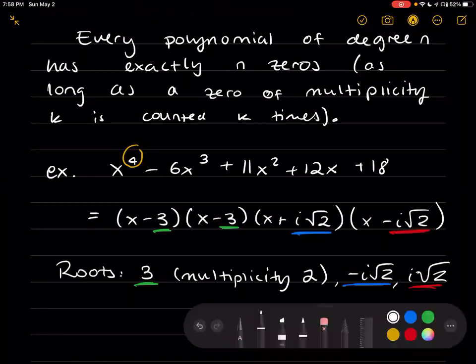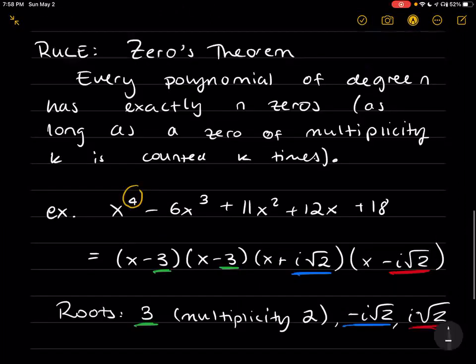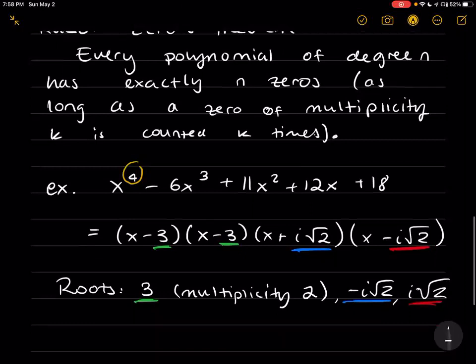Okay, so this polynomial has degree 4 and has 4 zeros. And it's 4 because we're counting 3 twice because it is multiplicity 2. Okay, so this is an important idea that if you have a degree n polynomial, you can find n zeros. This is something that will also pop up as an underlying idea of what we'll be doing.